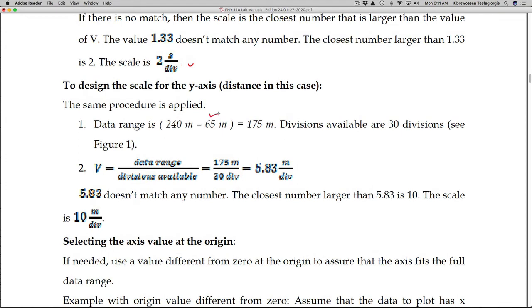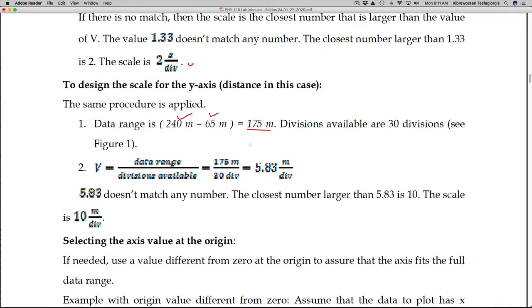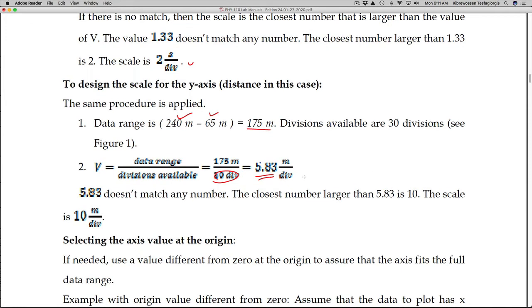Okay. Then you do the same thing for the y-axis. You get your minimum value, you get your maximum value, you take the difference between the two, which is the range, and then you count the number of divisions that you have. You take the ratio between those two values, and automatically you get 5.83. If you look at 5.83, it's not really a good division, as I explained in the previous example.